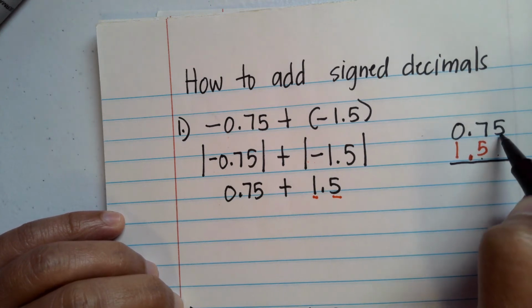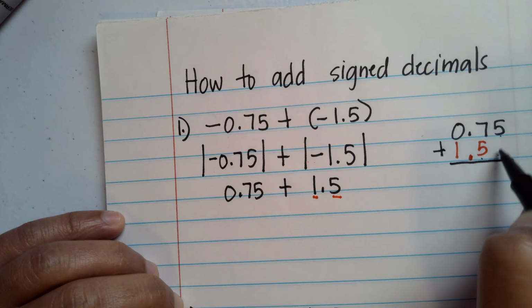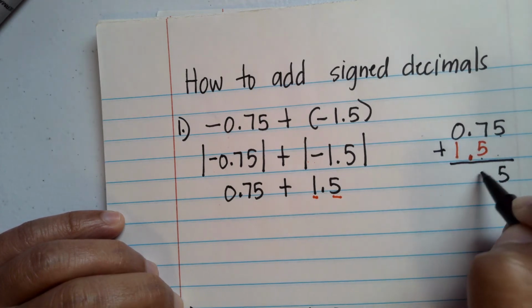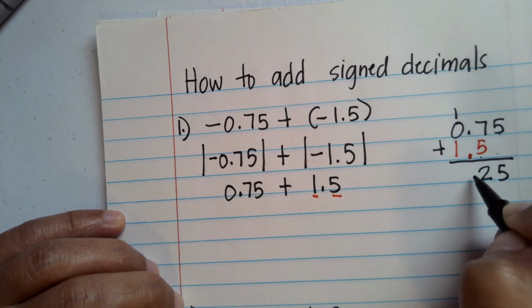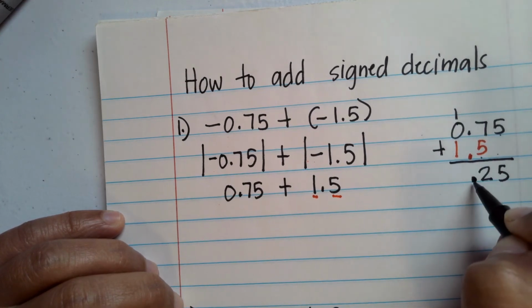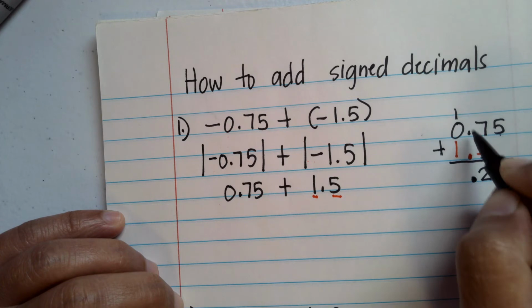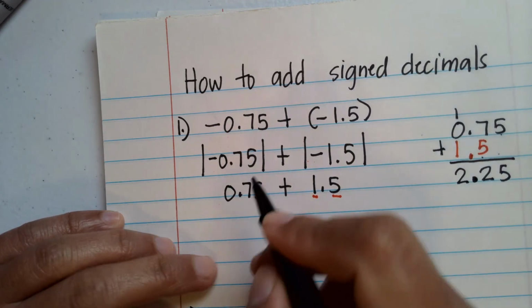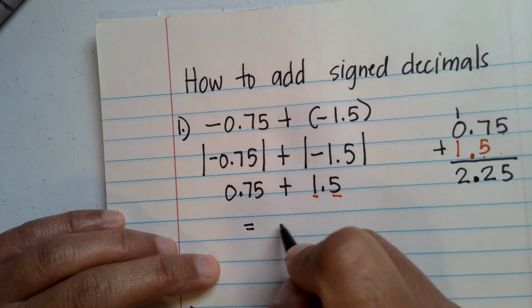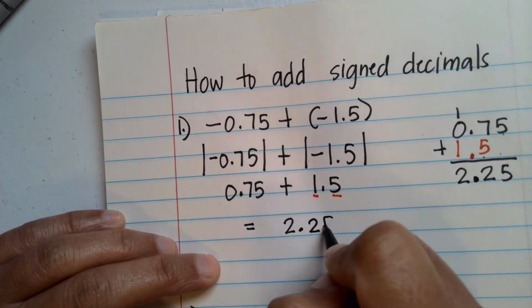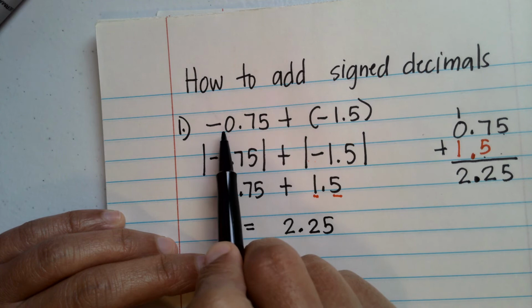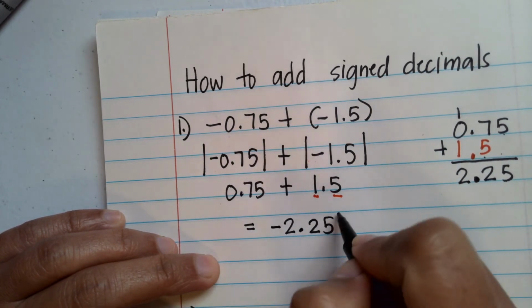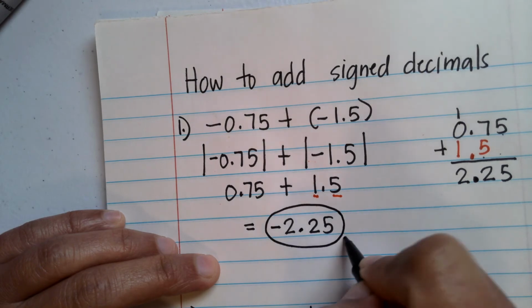So 5 plus 0 is 5, 7 plus 5 is 12, and then we line up the decimal point in the answer with the decimal points in the problem, and then we have 1 plus 1 is 2, so the result here is 2.25. But remember that since the signs are both negative, we're going to keep that sign, or copy that sign. So this is the final answer.